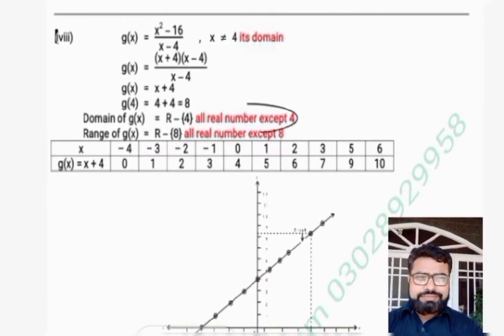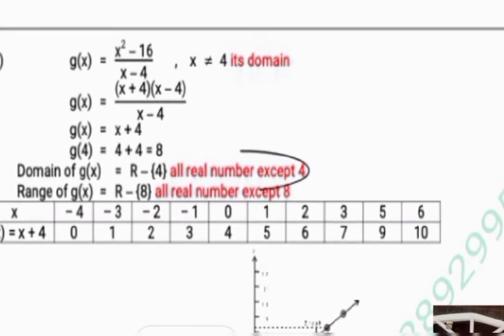This is the last part, that is part number 8. This is a rational function. First of all, we will check whether it can be simplified or not. We can simplify x square minus 16, that is a square minus b square. 16 can be written as 4 square.